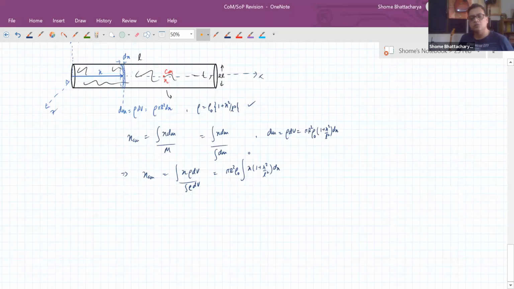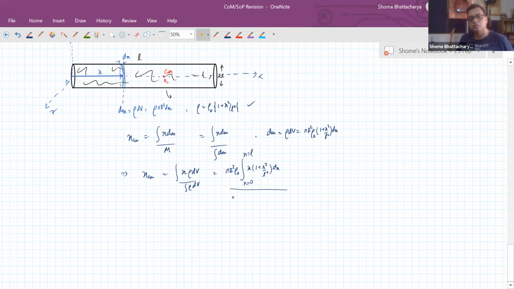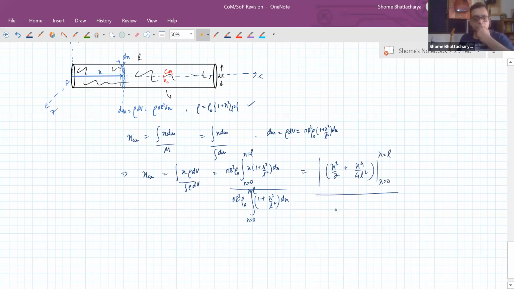integrated from x equal to 0 to x equal to L. So as you can see, this becomes x square by 2 plus x to the power 4 by 4 L square divided by x plus x cube by 3 L square for the same limits.